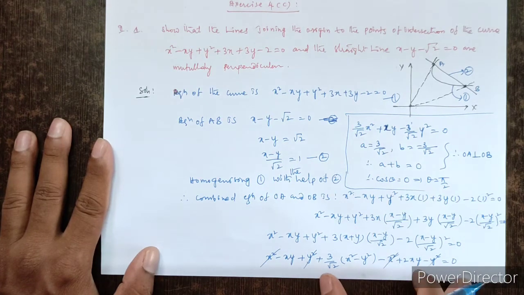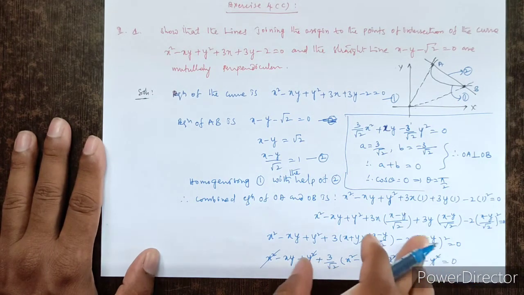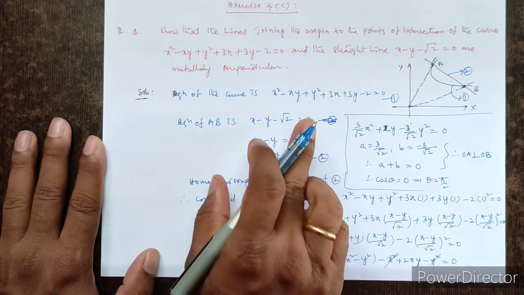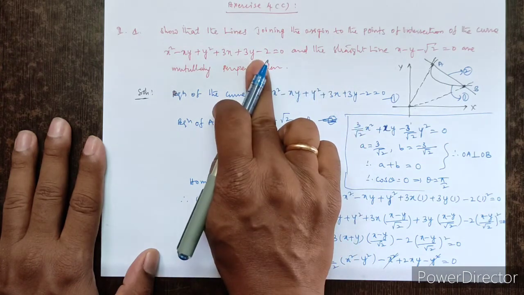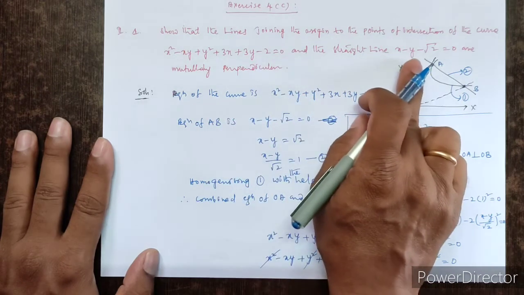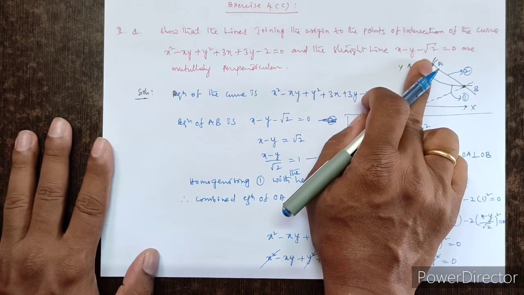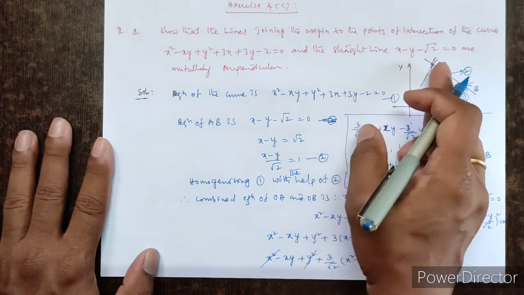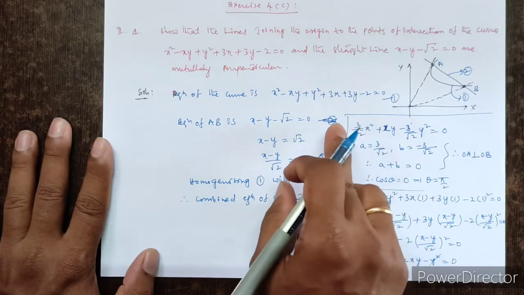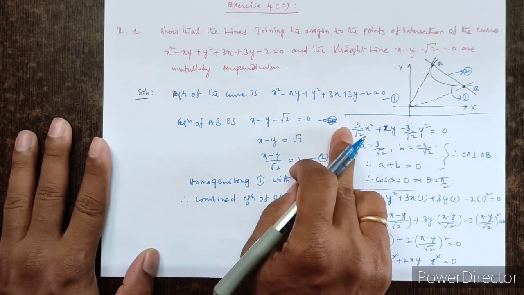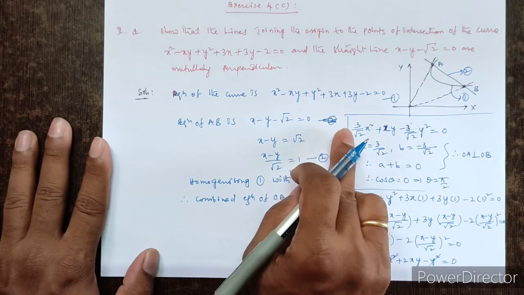So the given curve, homogenized with the first degree equation x minus y minus root 2 equal to 0, gives lines passing through the origin which are mutually perpendicular.